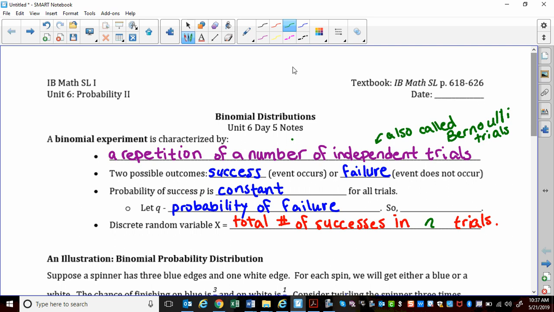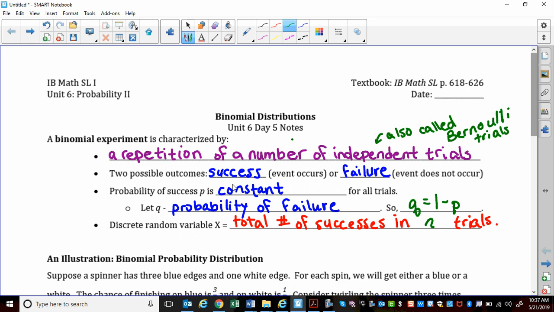The probability of a success is a constant for all trials. We're going to let Q represent the probability of failure. Then Q is 1 minus P, where P is the probability of a success.